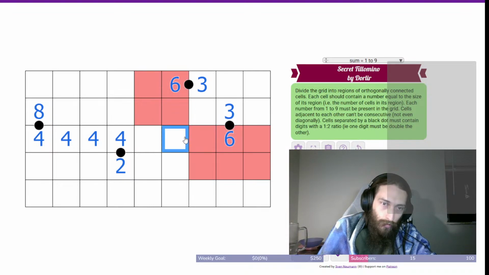And these have to connect, so you can't put a 7 here. Or there. Or there. Yeah, a 7 here would block off all of that, and then that 6 wouldn't connect.